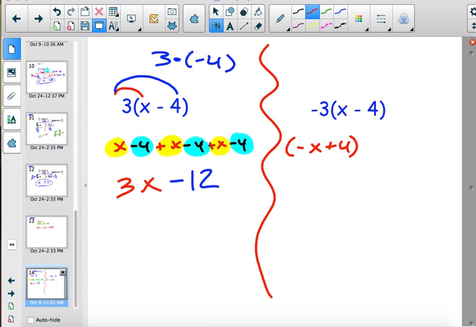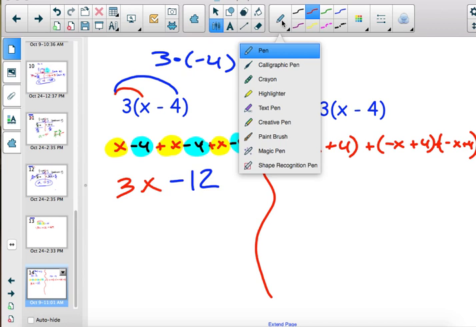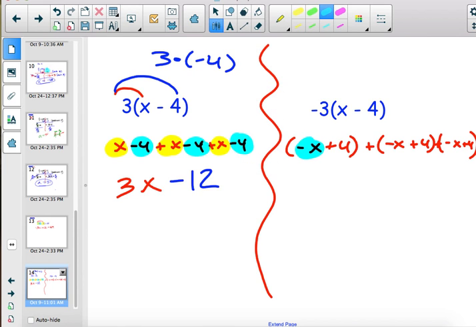+4. Plus -x plus 4 plus -x plus 4. So if you combine like terms on this one, you're going to have -x, -x, -x. You're going to get -3x.